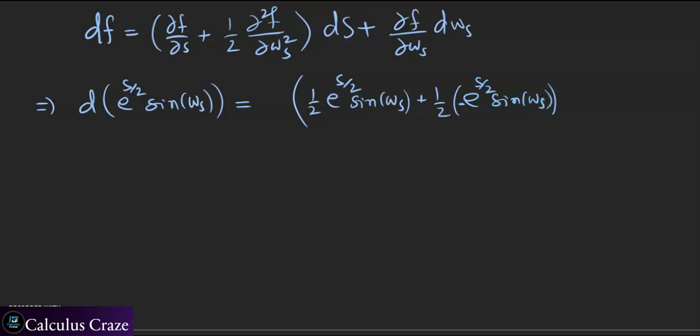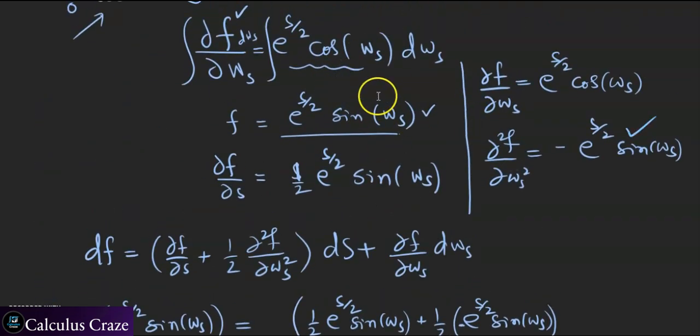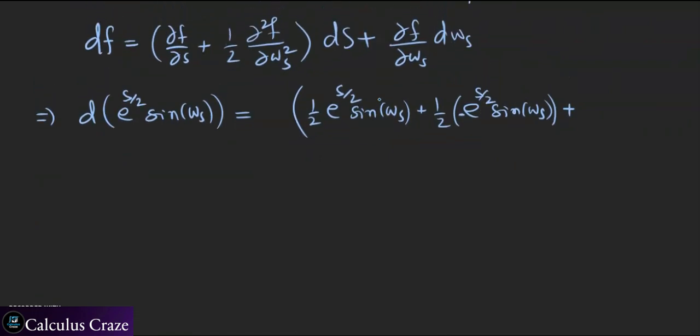We have calculated that above, so it is here, right? Then plus the partial derivative of f with respect to w, which is going to be e to the s by 2 cos of w sub s, dw sub s, right? But you can see that this is half of e to the s by 2 times sine w sub s, and it is minus half of e to the s by 2 times sine of w sub s.